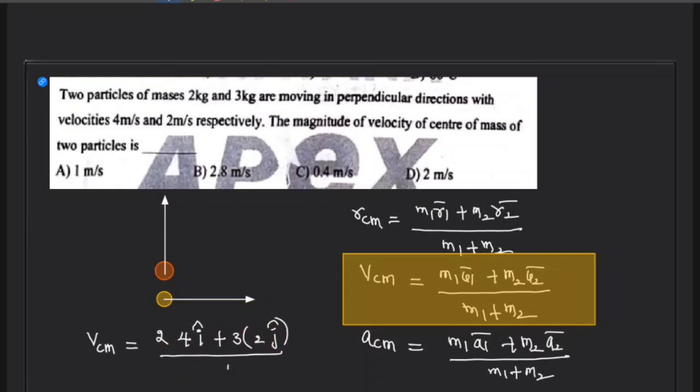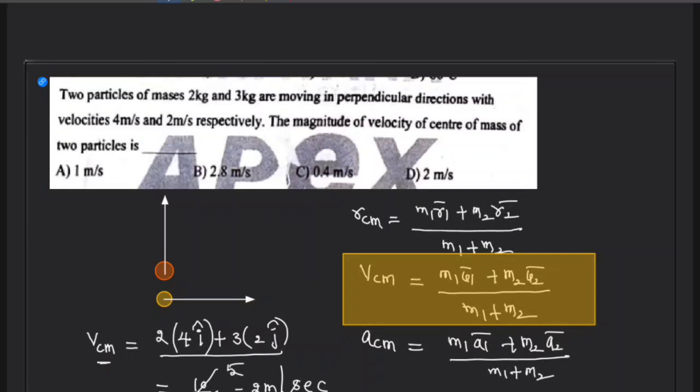So the numerator will be 8 i cap plus 6 j cap. If I find the magnitude, that will be equal to 10. So it will be 10 by 5, which is equal to 2 meter per second. That is the velocity of the center of mass. That is what you need to remember here.